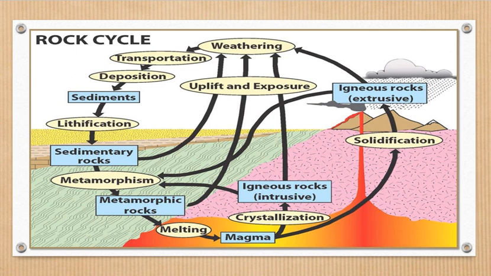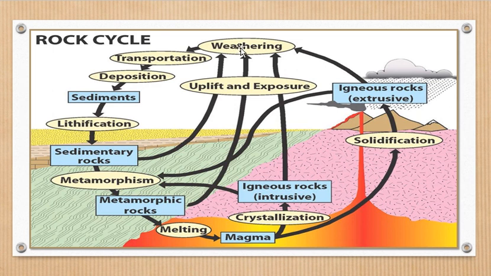As you can see here in the rock cycle, there is more than one process. If you look here, we have one, two, three, four, five, six, and seven. So we can get seven cycles or processes within this.